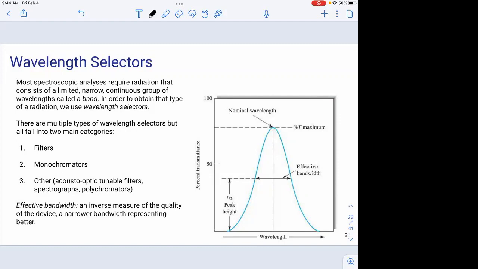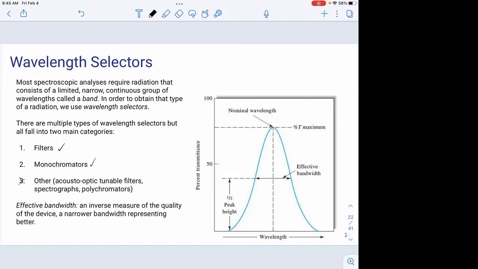There are a couple of different kinds. We're going to focus on two. The first one we're going to talk about is different kinds of filters, and then we're going to talk about monochromators. There are many, many others, and I recommend that you take a look at those in your text, the undergraduate instrumental analysis text from Robinson, but I won't go into those here for the sake of brevity.